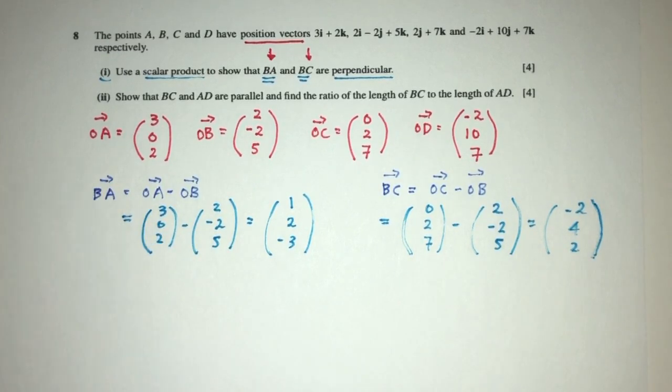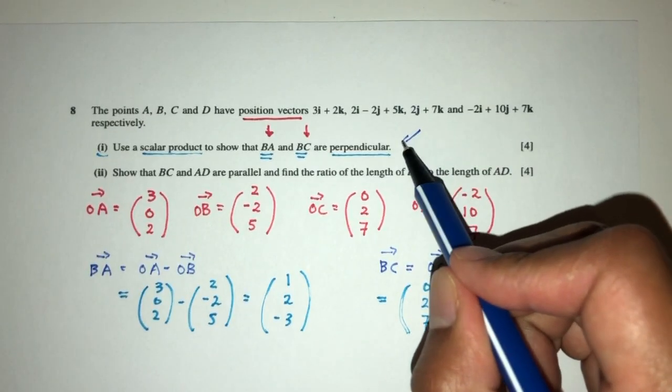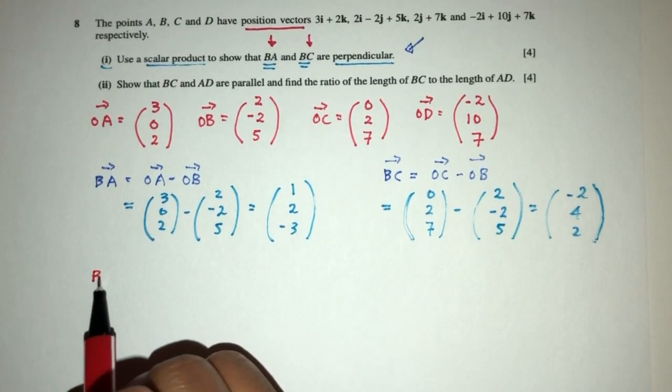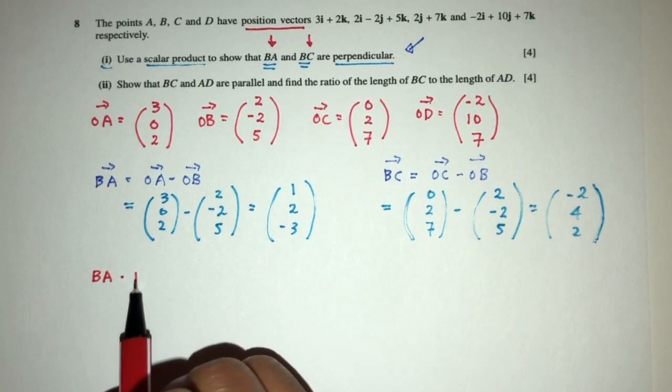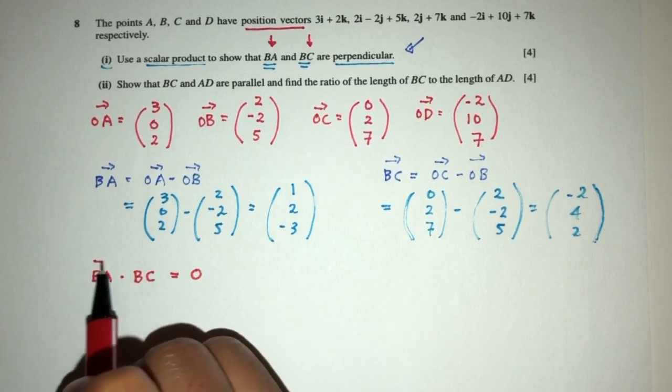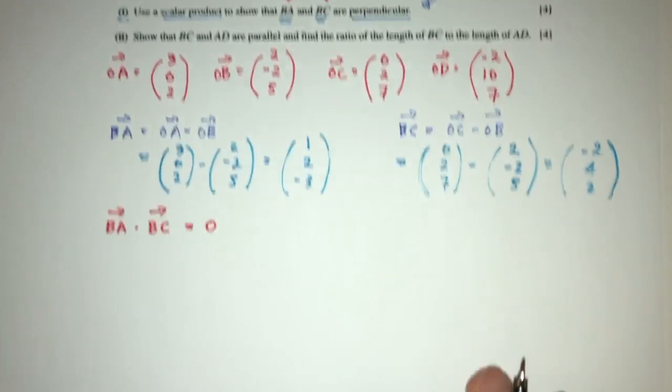Here we have the two vectors we needed to find, BA and BC. Now we need to show they are perpendicular. We know this by using the dot product. If these two are perpendicular, the dot product has to give you the value of 0. So let's replace and see if that is actually true.